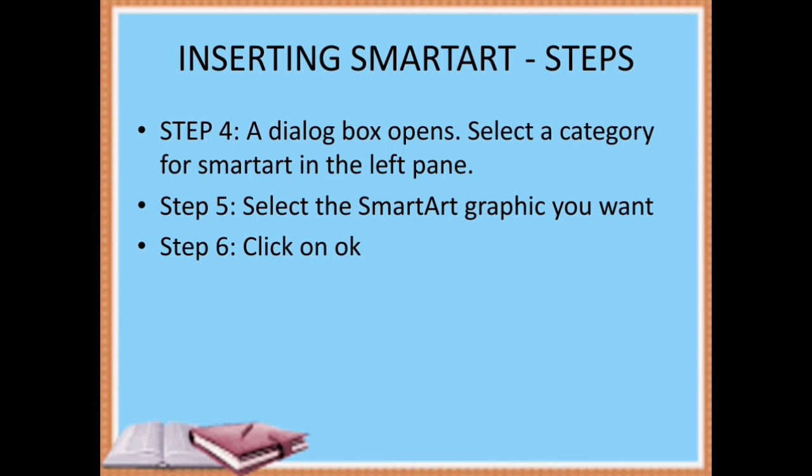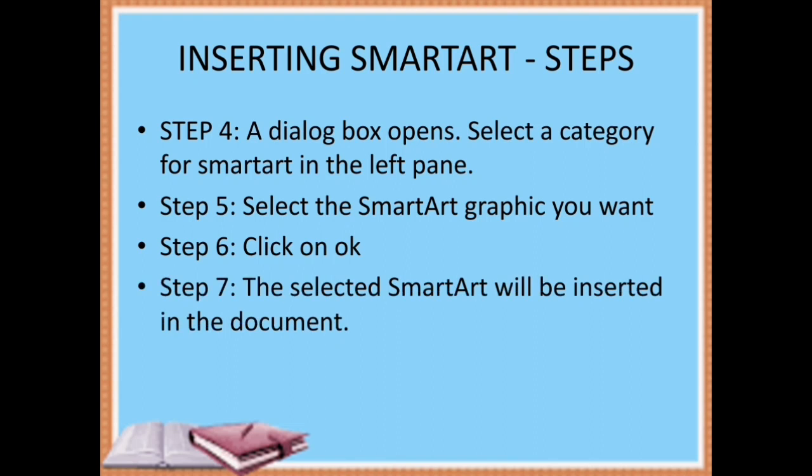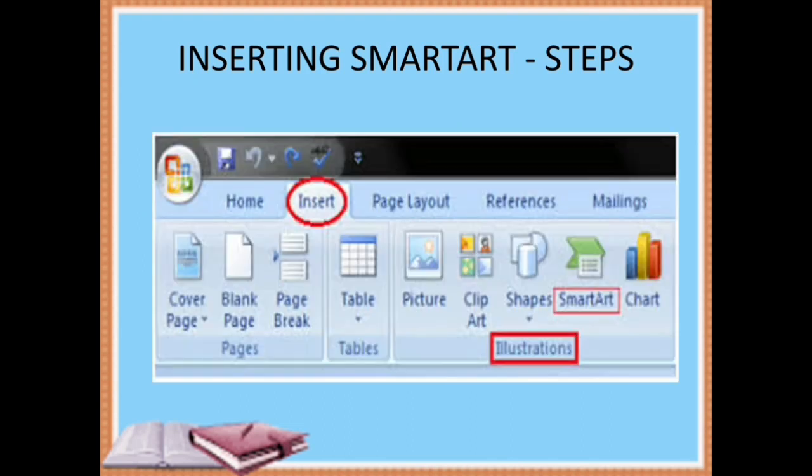Like this, you have to insert the SmartArt. Now see, the selected SmartArt will be inserted in your document after clicking OK. See, this is the image of how you have to insert the SmartArt.